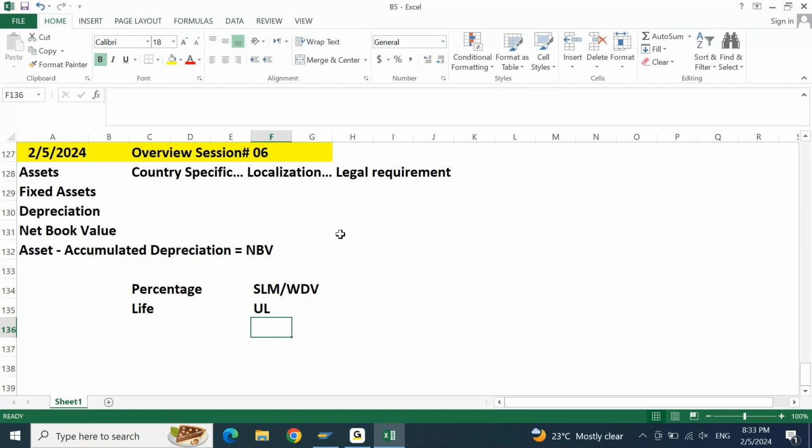Reason, every month has a different number of days. In January you may have 31 days, February you may have 28 days in some cases, 29 days in some cases, March 31 days, April 30 days. Distributing depreciation for 31 days, 28 days, 30 days will give you different figures.